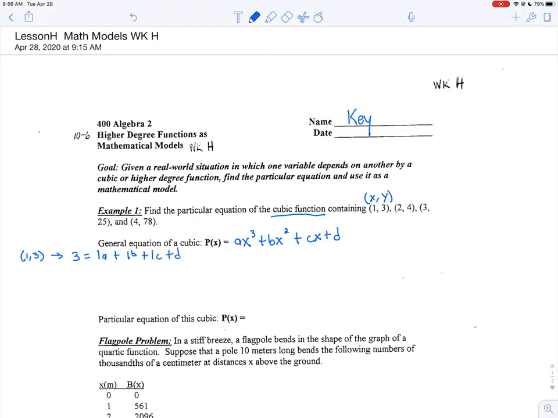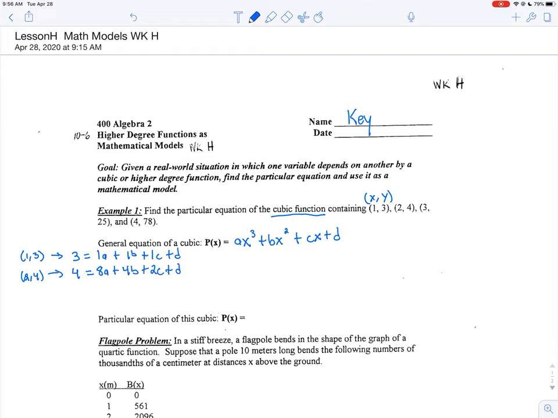If we continue on with (2, 4), we'd have 4 equals. Now a little bit trickier, we've got 2 to the third, so this is going to be 8a. Now we've got bx squared, so the 2 is going to be squared here, so we're going to have 4b plus 2c plus d.